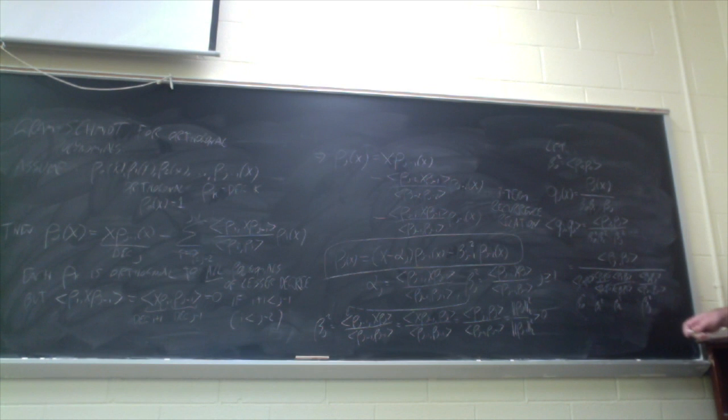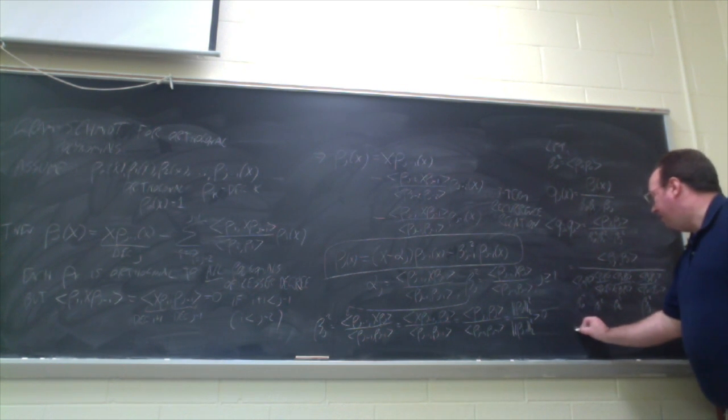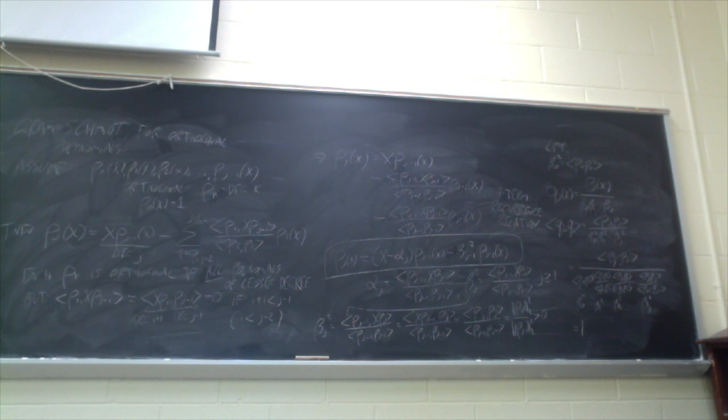So everything ends up canceling out except this pj, which cancels with the one up top. In other words, everything cancels. So the inner product of qj with itself is equal to 1.